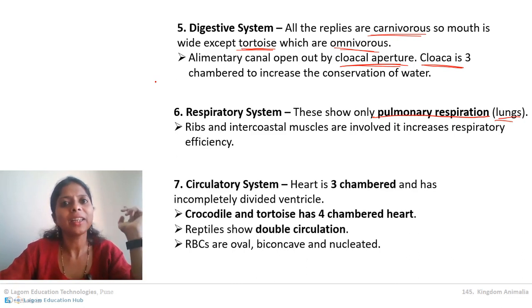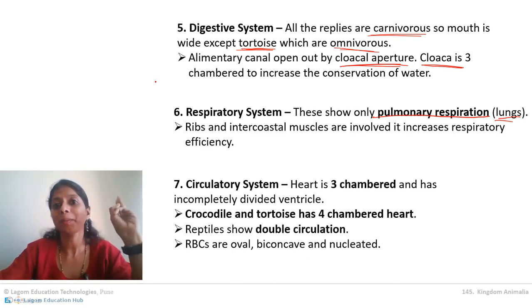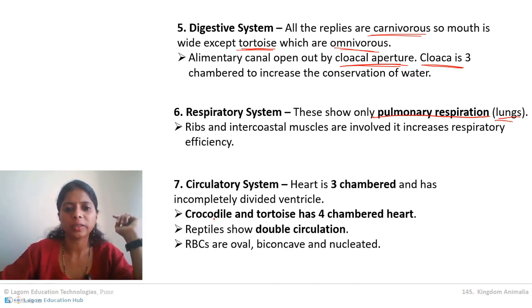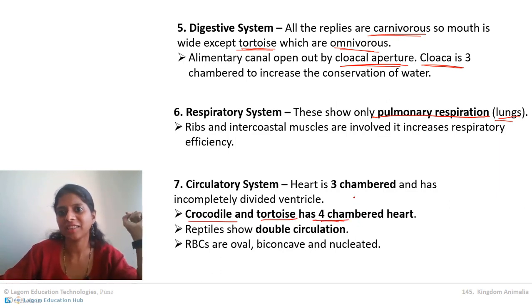Understanding? Then circulatory system, they are provided with a 3-chambered heart. Okay, most of the reptiles are provided with a 3-chambered heart except crocodiles and tortoise. Crocodiles and tortoise have a 4-chambered heart, a very advanced characteristic. Usually 3 chambers means 2 auricles and 1 ventricle. But here in crocodiles and tortoise all 4 chambers are present, 2 auricles, 2 ventricles.